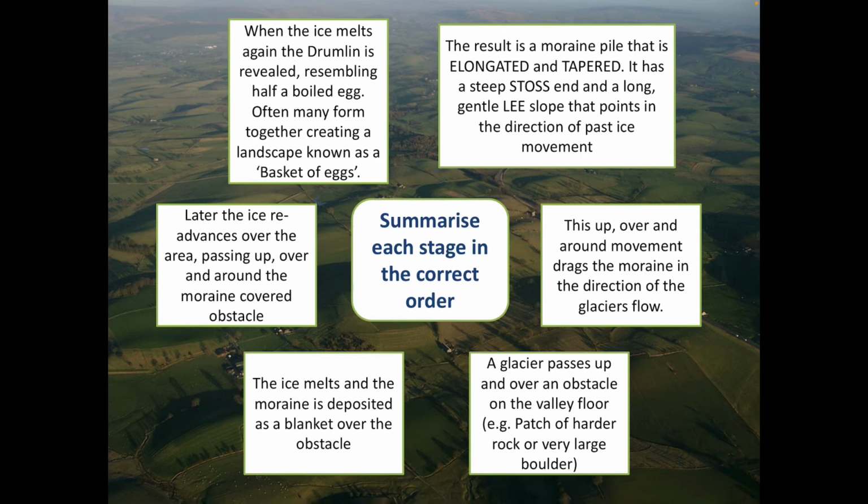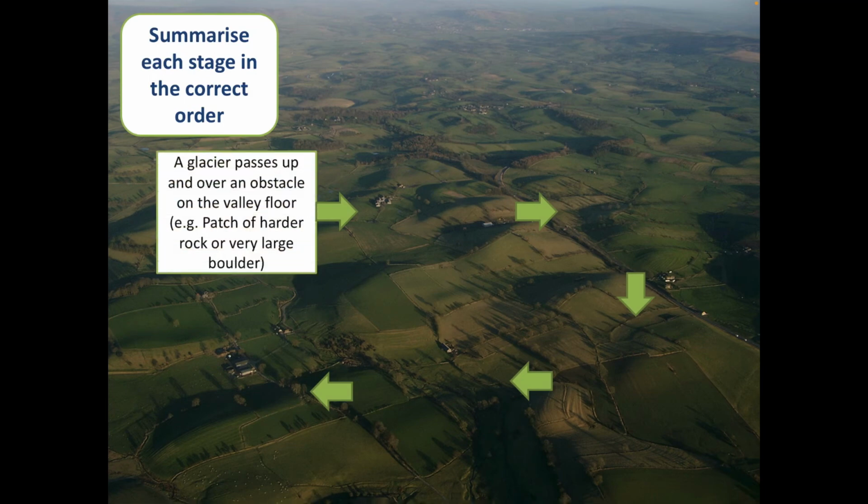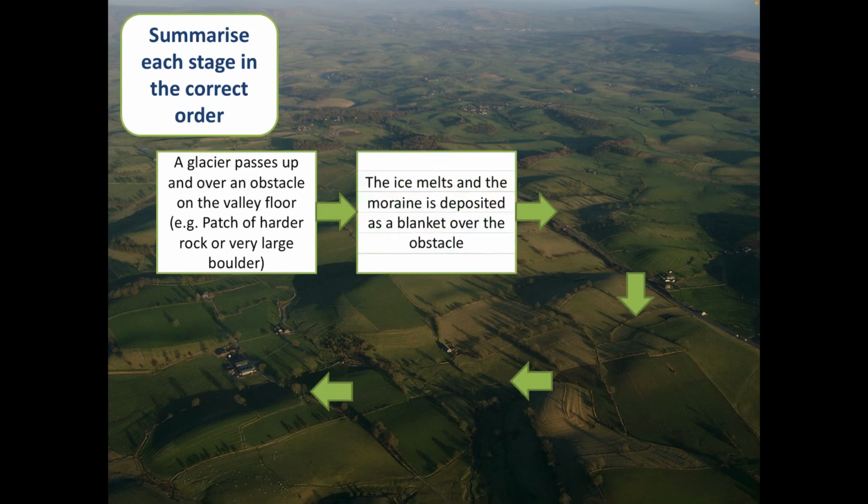So hopefully you have now managed to get them in the right order. So just to go through, here is the correct order. A glacier would pass over an obstacle on the valley floor, something like a patch of harder rock or a large boulder. The ice would then melt around that obstacle and deposit a blanket of material or moraine over the obstacle.